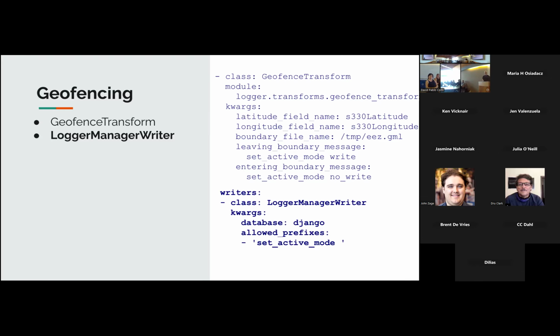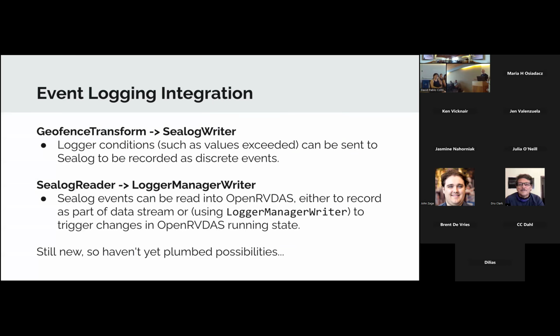We can do any computation using transforms and writers. In addition to this sort of working inside of itself, just recently, brand new readers and writers are a C-log writer and a C-log reader. C-log is an external open source event logging system.